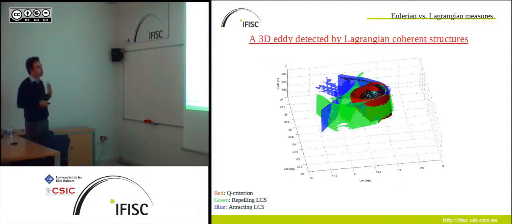But like I said in the beginning, when you look at material transport, you can see that the Eulerian criterion really doesn't tell you much, because what we did was that we seeded the inside of the eddy with particles, and then we calculated the trajectories, and you can see that these black dots are particles. They are leaving the eddy, they are crossing the red surface.